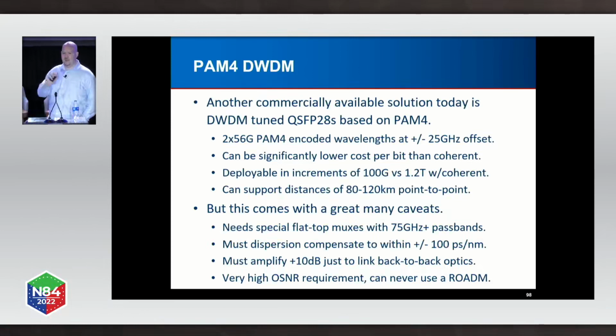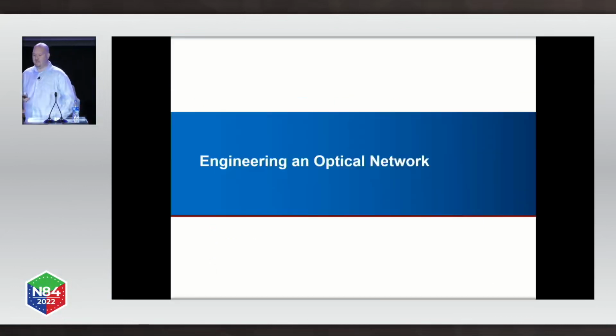And so now you can deploy a QSFP28 that is tuned, that's not coherent, that you can deploy 100 gig at a time and do these metro distances with. But big caveats, you need these wide passband muxes, you need precise dispersion compensation, you have to amplify 10 dB just to make the things talk to each other, like without even going across the span. There are high OSNR requirements, and you'll never get this thing through a ROADM. So there's probably not a long shelf life on that technology, but for a few years, it's a good cheap way to deploy this kind of thing.